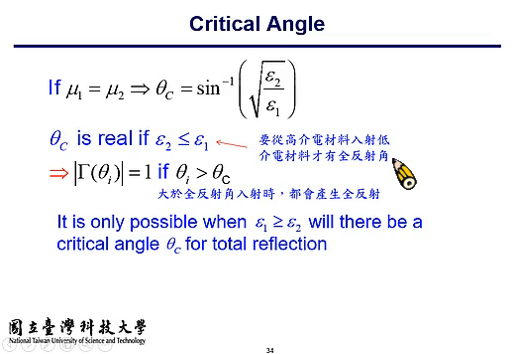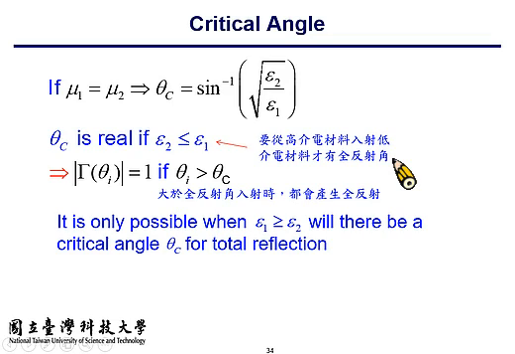If you have an incidence like this, what is the direction of the refracted wave? This refracted wave, theta t, will make a smaller angle if you are propagating from low permittivity material to a high permittivity material, right?